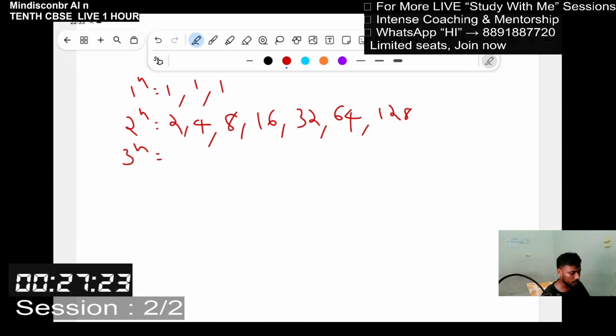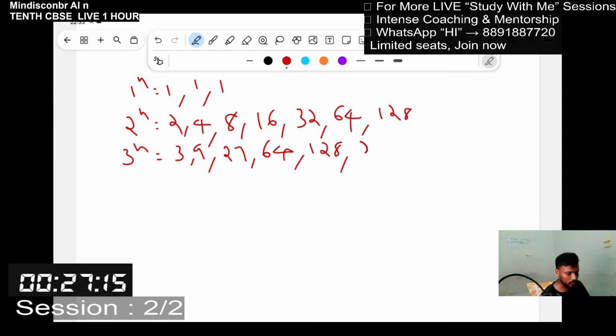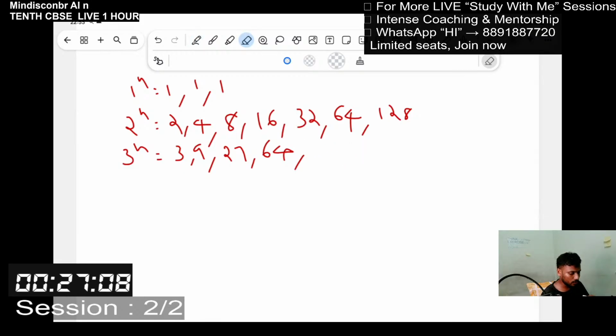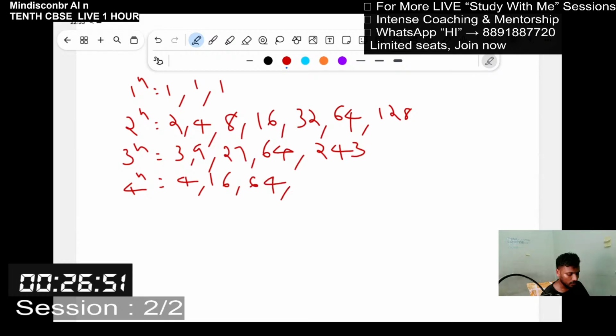For 3 raised to n we get 3, 9, 27, 81, 243. Then 4 raised to n: 4, 16, 64, 256.